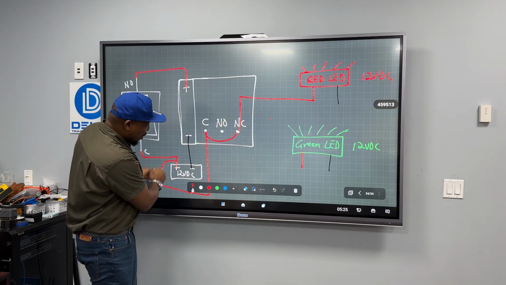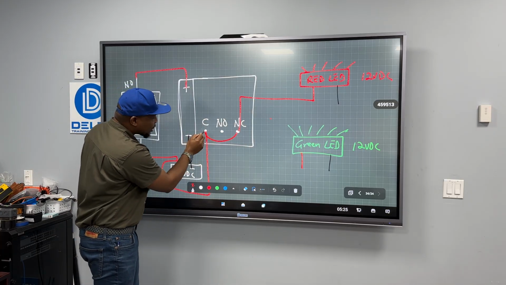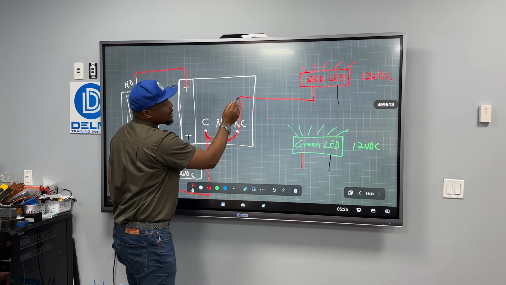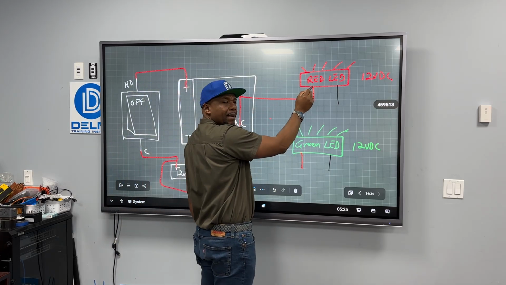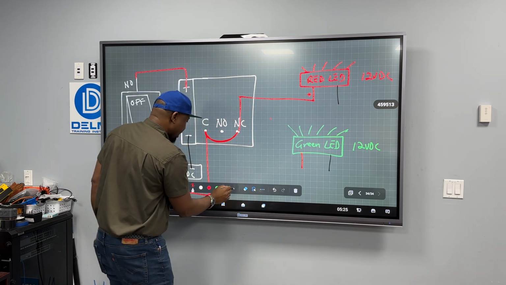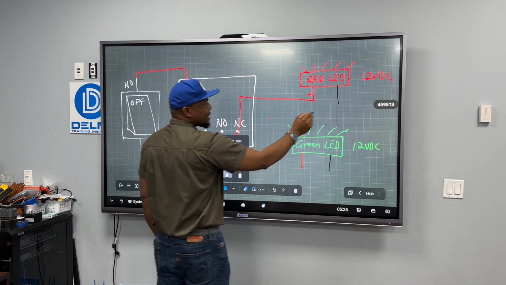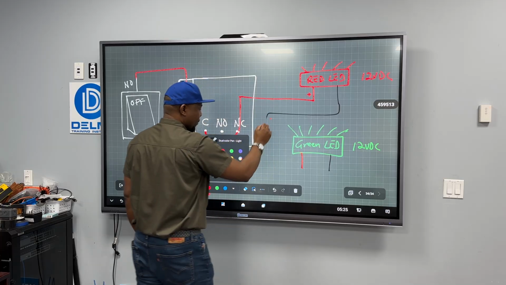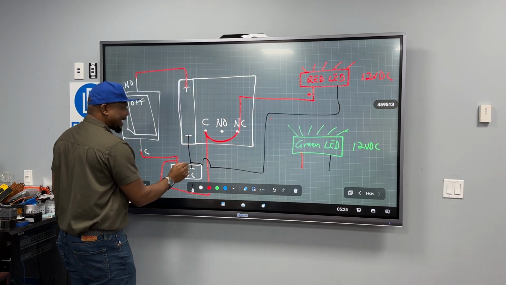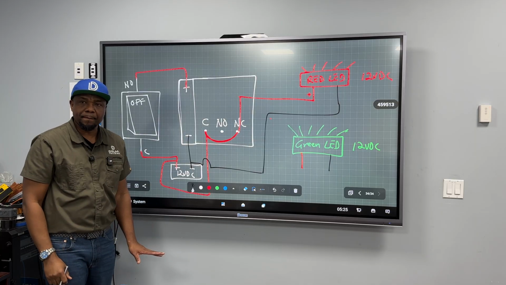But I introduced 12 volts to this common. That 12 volts gets transferred to the normally closed, continues to come out from the normally closed to the positive of the red terminal. And if I continue to connect this like that, all the way back to the negative, then my circuit is complete.